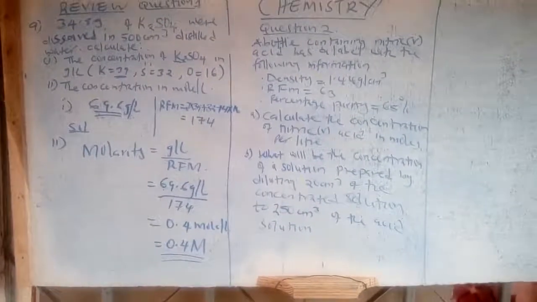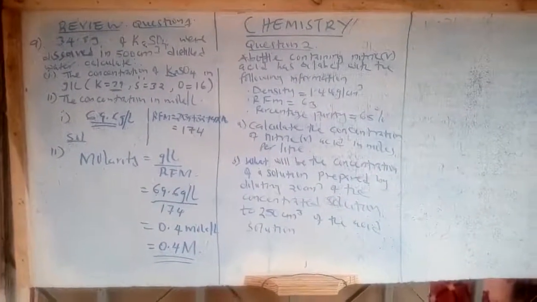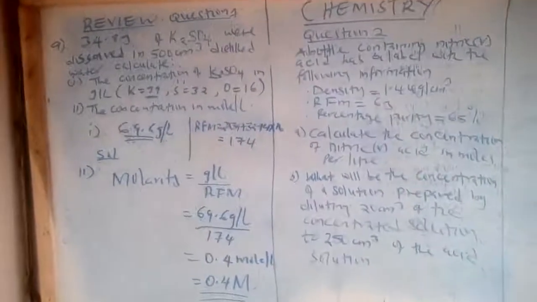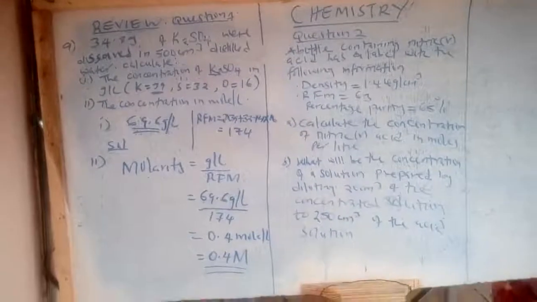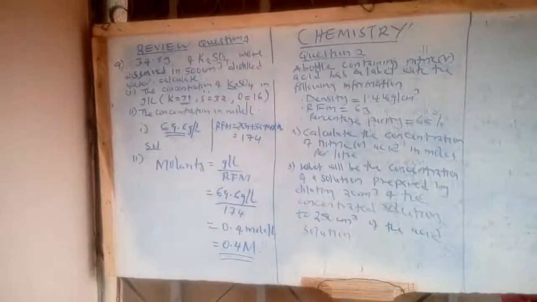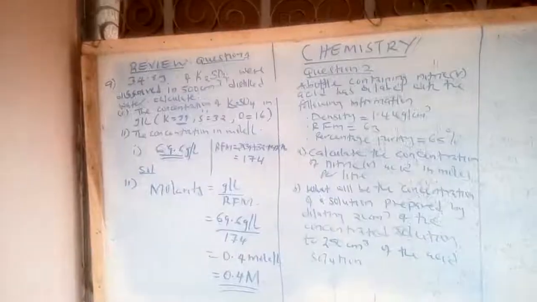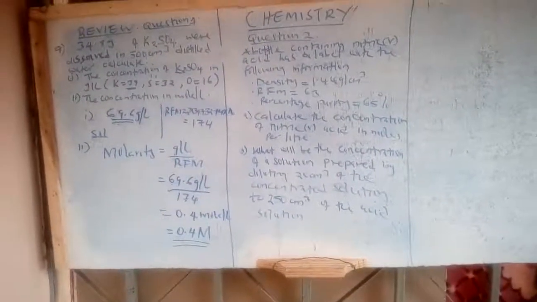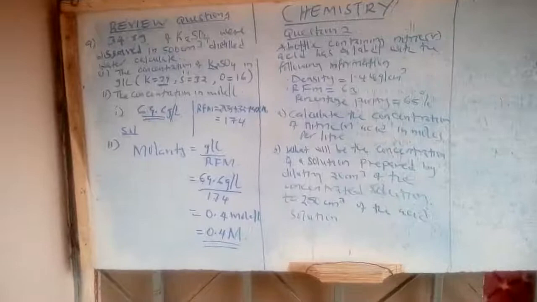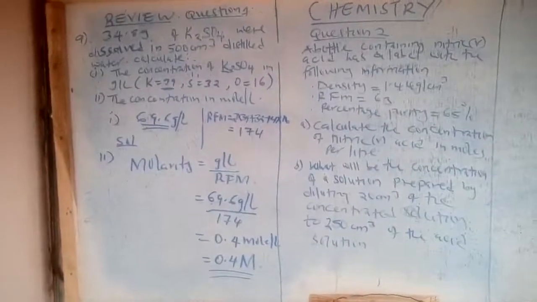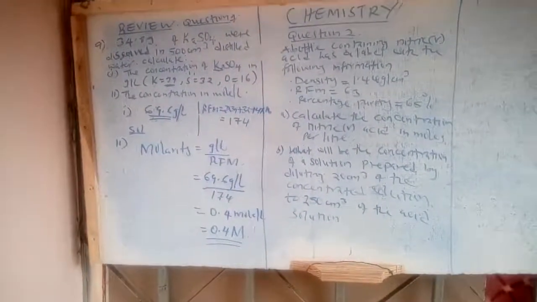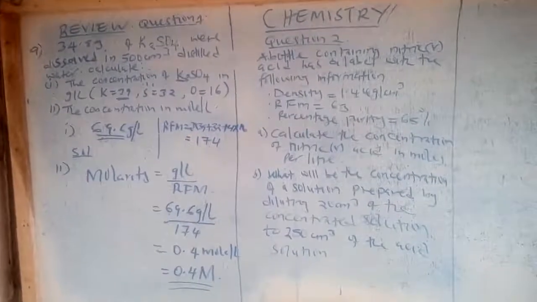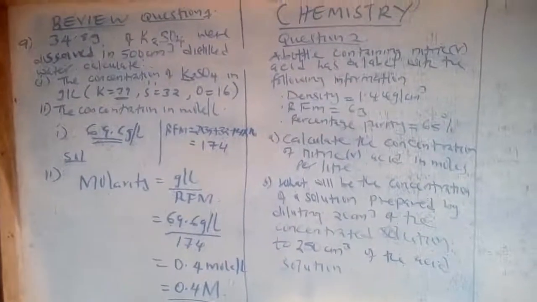Remember, RFM is not a new word; I have been using it to represent the relative formula mass, that is the summation of all the relative atomic masses of all atoms contained in a particular compound, and in this case the compound is potassium sulfate. I have guided you on how to get the relative formula mass.